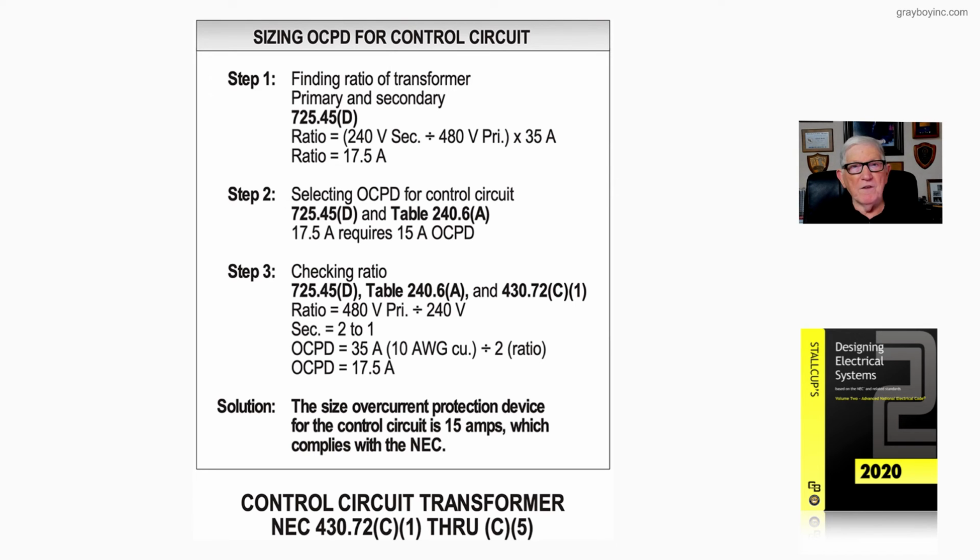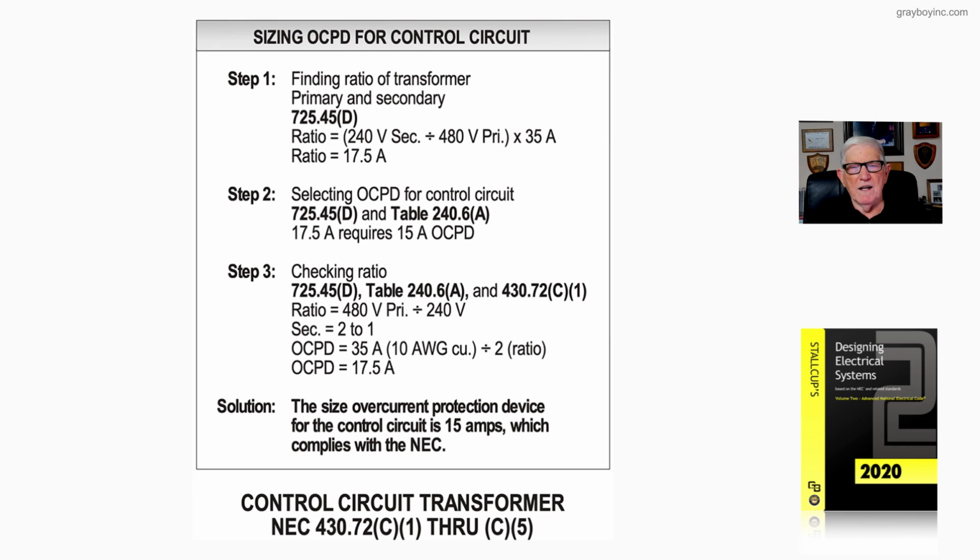We take the 35 amps again that we selected from table 310.16, in the 75 degree column, based upon a copper THWN number 10 conductor, and divide that by 2, and we come up with 17.5. So both ratio calculations will verify that the solution is correct.